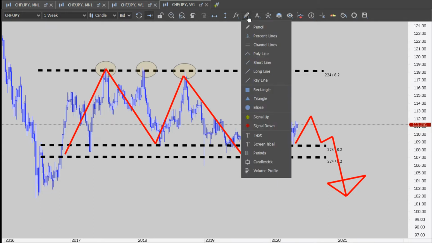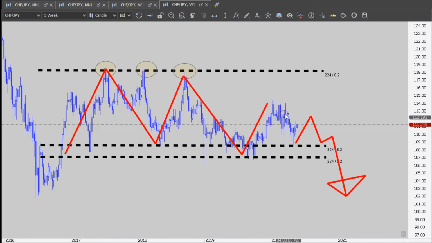Why is that? Nothing is telling you in here that the market is going to go out of the sideways channel. Nothing. Do we agree on that, everybody? You can do anything you want, of course.